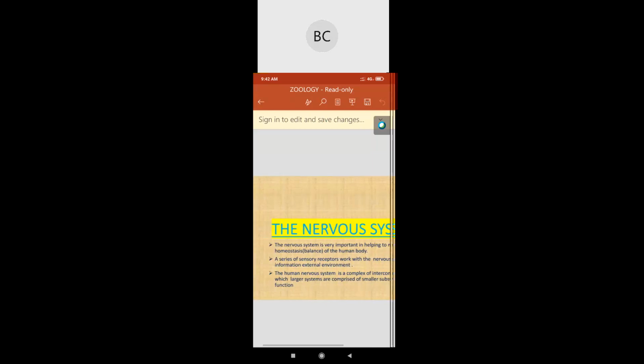A series of sensory receptors work with the nervous system to provide information about the external environment. The human nervous system is a complex interconnected system in which larger systems are composed of smaller subsystems, each with a function.